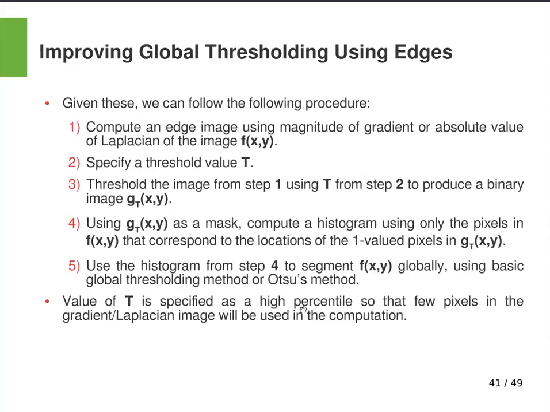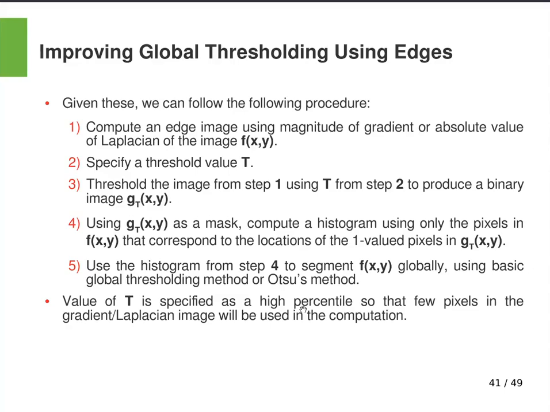For doing that, we need to follow a 5-step process. In the first step, we compute an edge image using the magnitude of the gradient or the absolute value of the Laplacian of the image f(x,y).